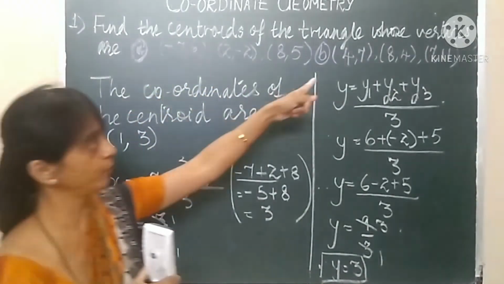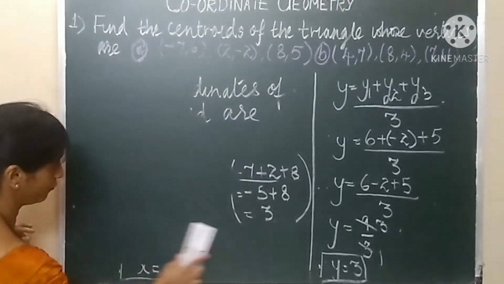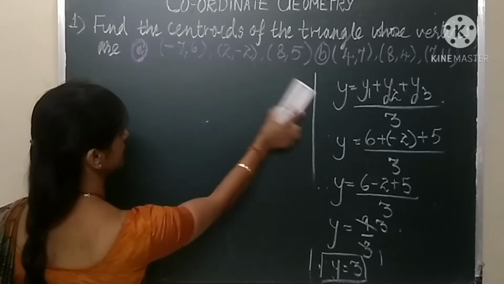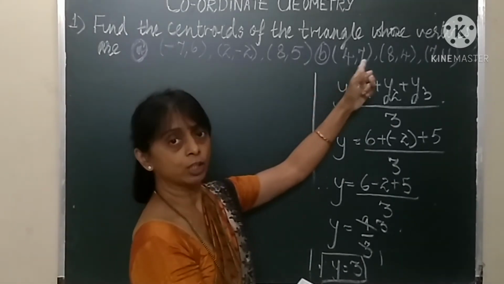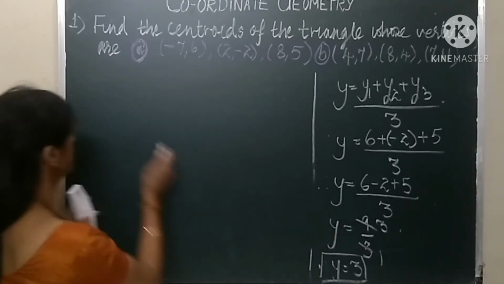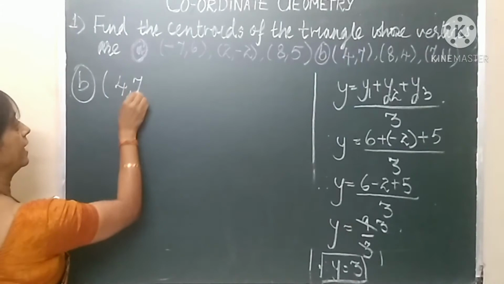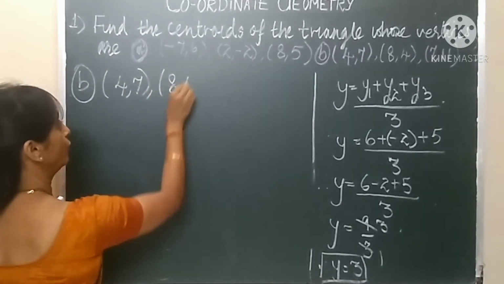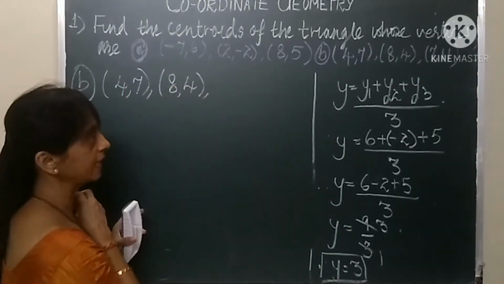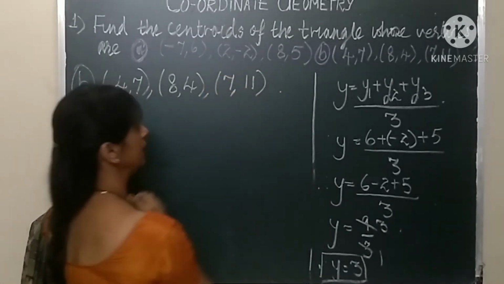Let's move on. There's one more problem, children, on the board. So with the same application of formula, let's calculate and find out the coordinates of the centroid having the vertices given in the next problem. So problem number B, (4, 7), (8, 4) are the coordinates of the second vertex, and the third is (7, 11).